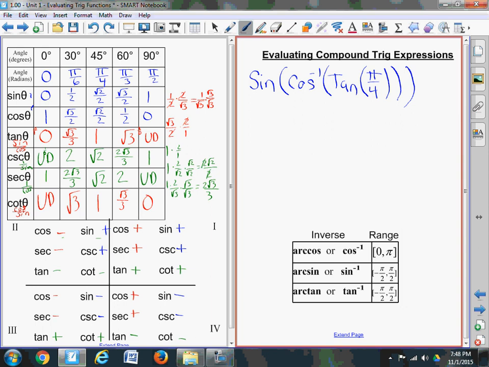So tangent of pi over 4 is 1. So I'm still taking the sine of the inverse cosine of 1. Well, the inverse cosine of 1 is just 0. So I'm taking the sine of 0, and the sine of 0 is 0.